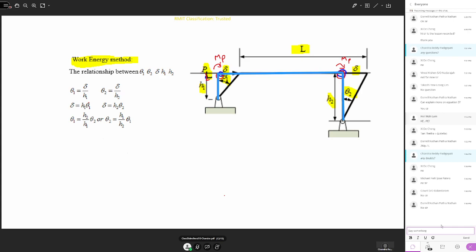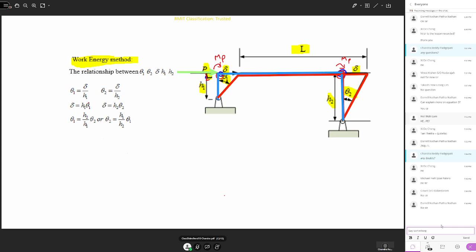When the load increases to plastic load, now the collapse mechanism looks like this.